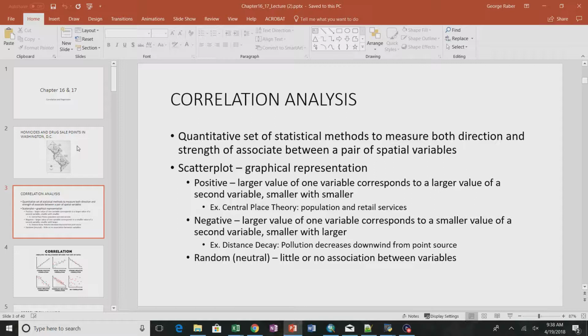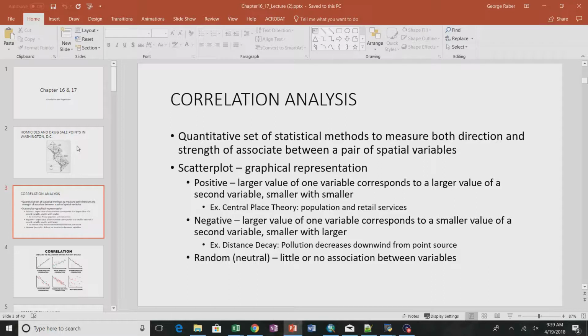The first thing that we're going to talk about is correlation analysis. Correlation analysis is coming up with a number to represent how well two variables, we call them variables because they vary, are related. They're different in different places, or different observations have different values.